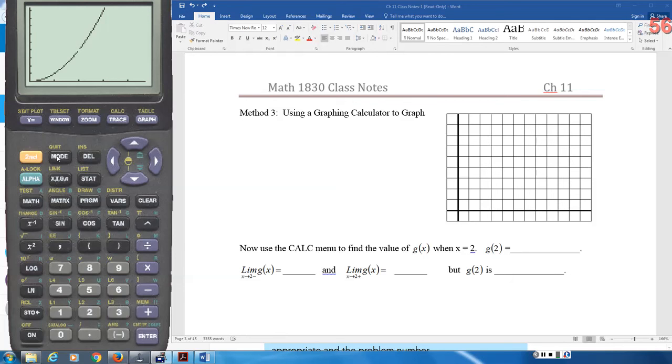Now, if you followed along with me, did you notice anything strange about your graph? Can you see the hole? Where do you think the hole is? It's right there at 2. Right there's the hole. So what that is telling you is that if you hit trace and you try to get closer to 2, now you fell in the hole.